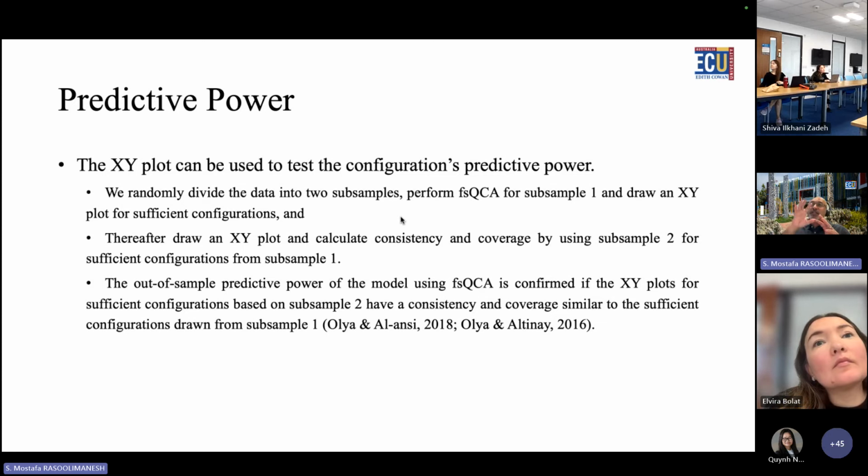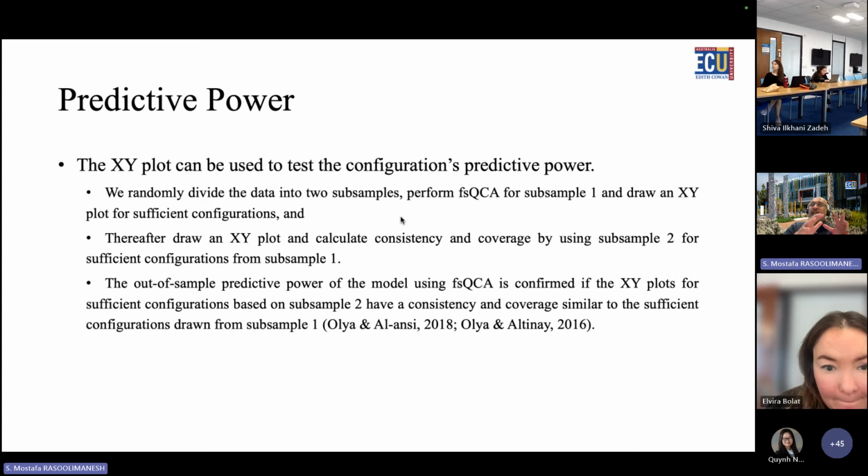Based on the analysis of subsample 1, we can calculate sufficient configurations and combinations of factors. For example, if we use subsample 1 and run the analysis, we identify 4 configurations that are sufficient to generate the outcome.